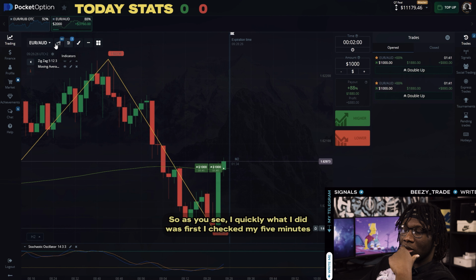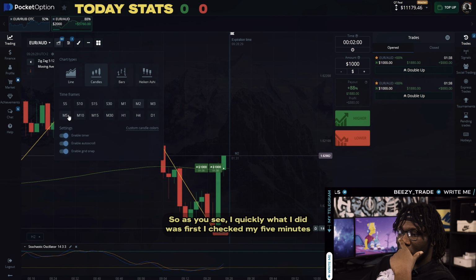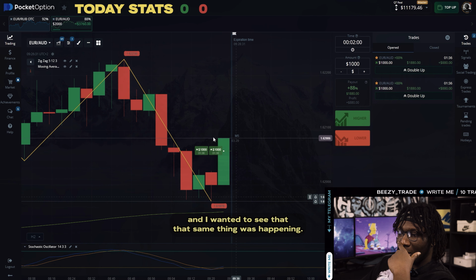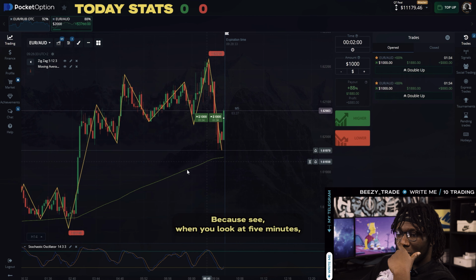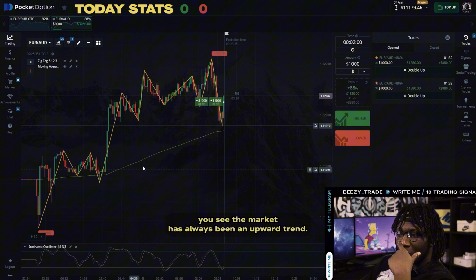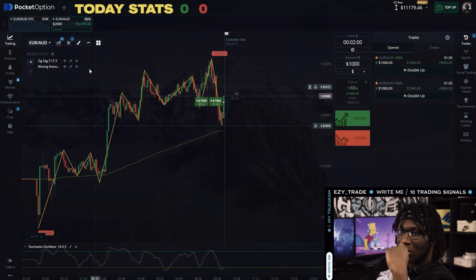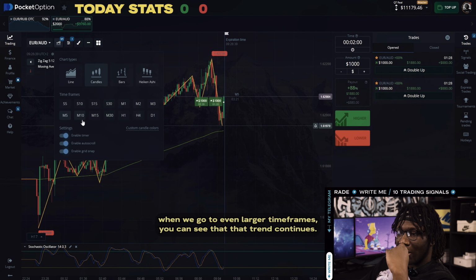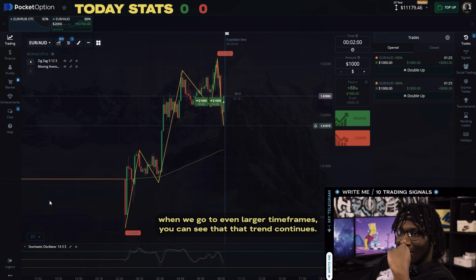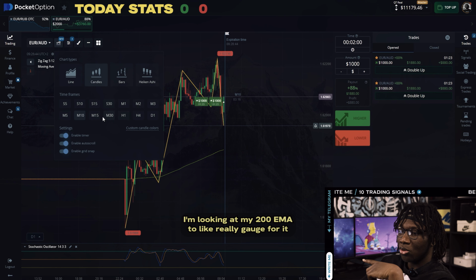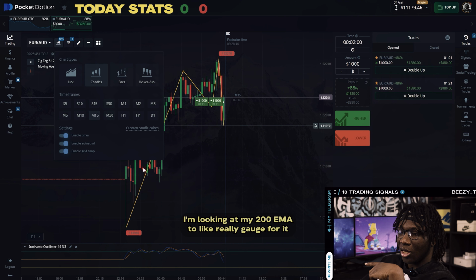As you can see, what I did was first I checked my 5 minutes, and I wanted to see that the same thing was happening. When you look at 5 minutes, you can see the market has always been in an upward trend, and when we go to even larger time frames, you can see that trend continues. I'm looking at my 200 EMA to really gauge it.